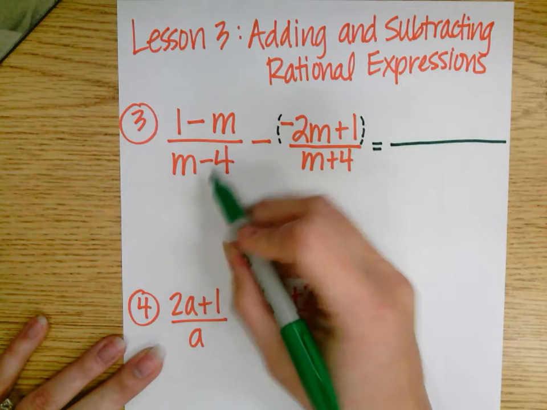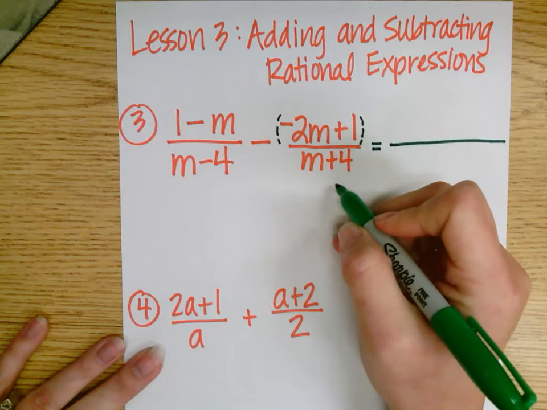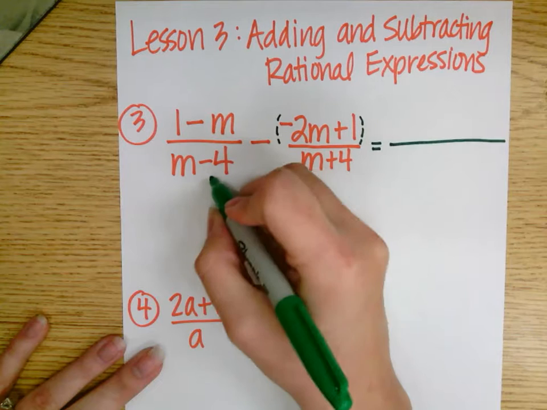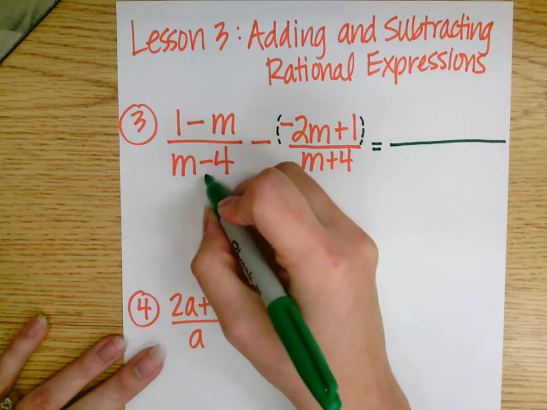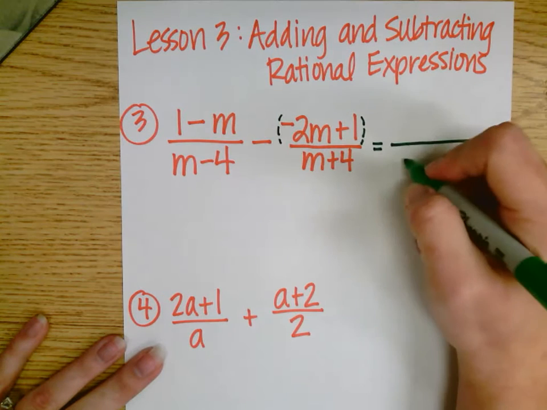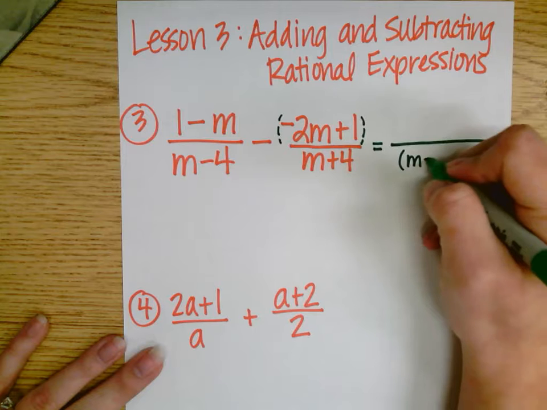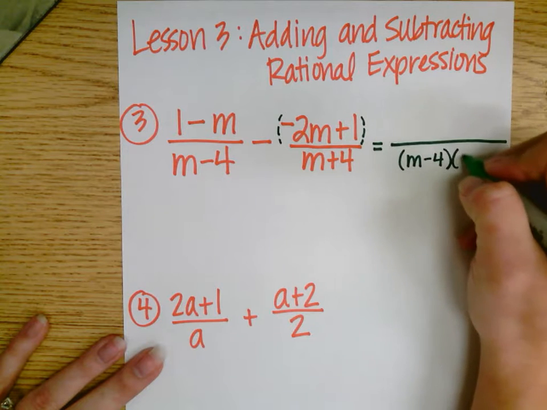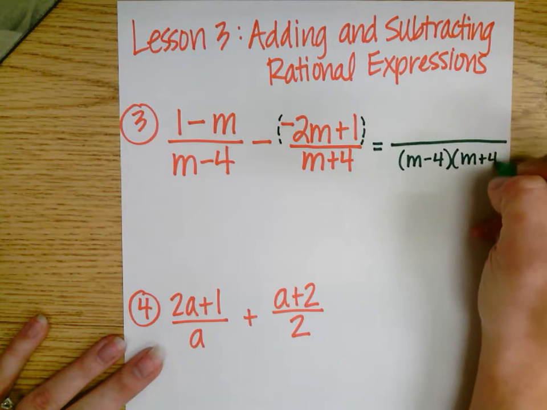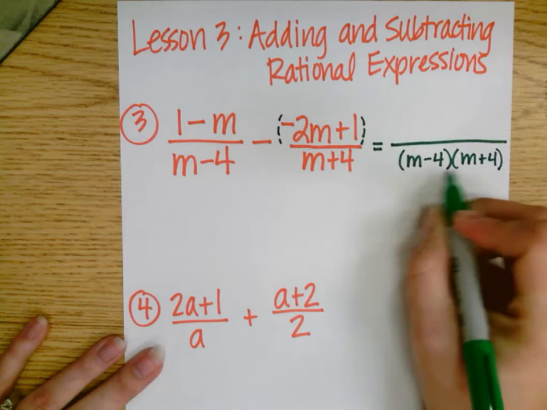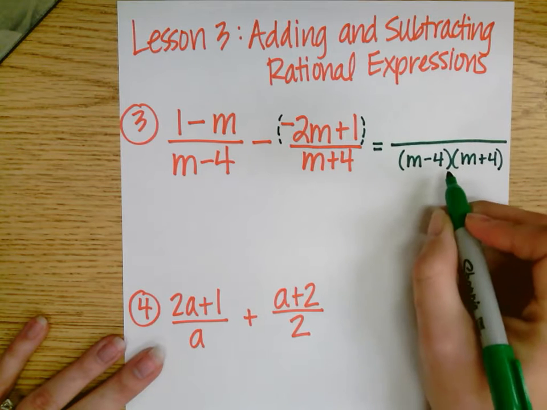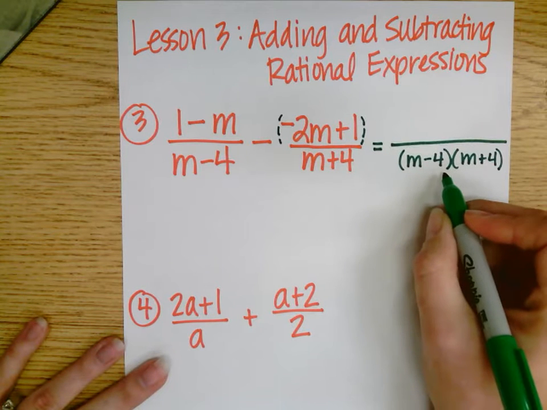One's got a minus and one's got a plus. So my common denominator is going to have these denominators multiplied together: m minus 4 times m plus 4. I have to have all the pieces from both denominators in my new denominator.